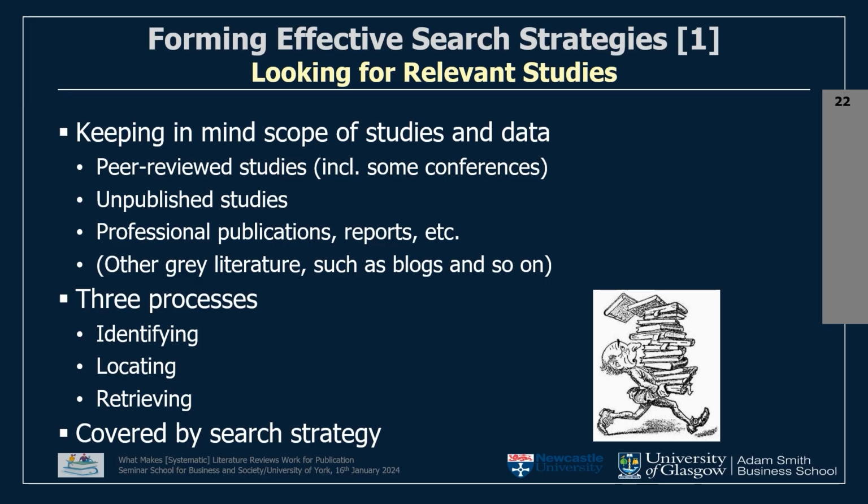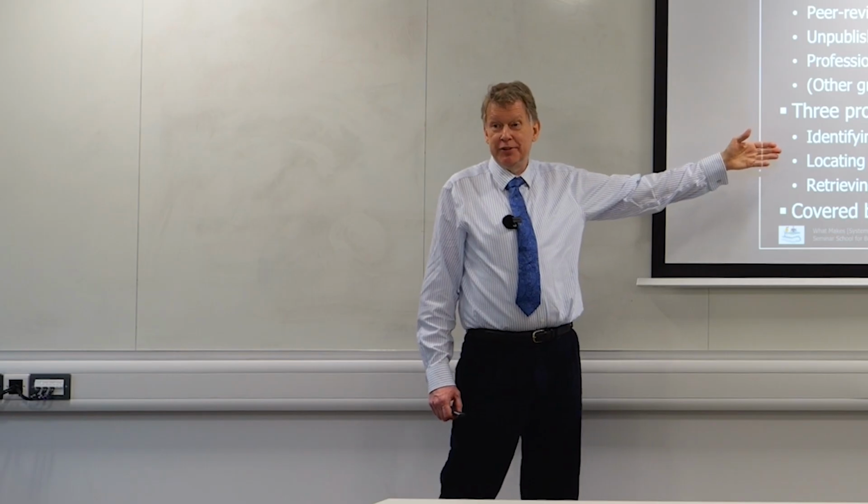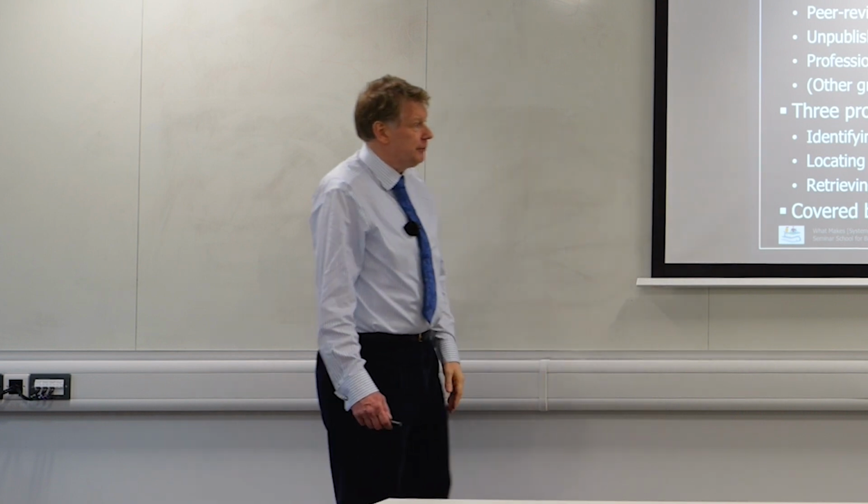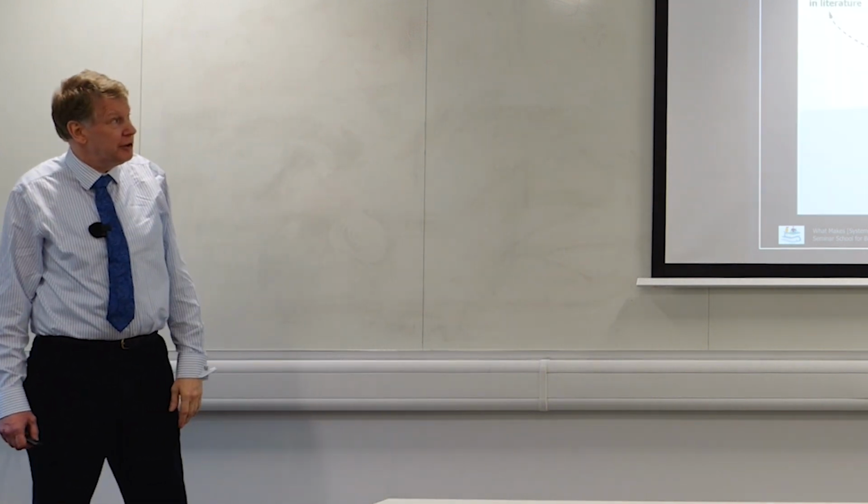There are three processes: identifying, locating, and retrieving. And a systematic search is basically only identifying. It only resolves the identifying part of it. And that's called the search strategy.